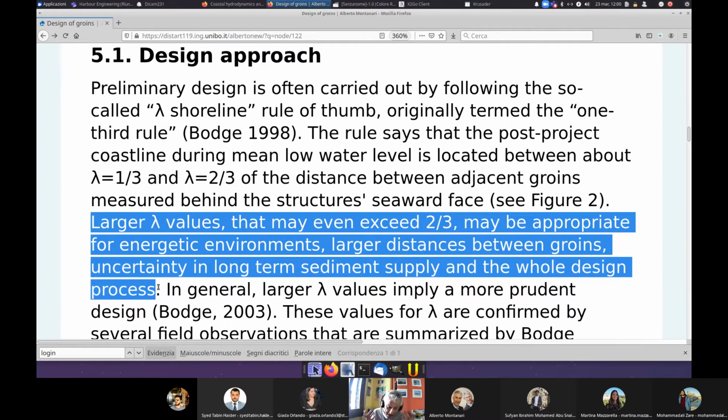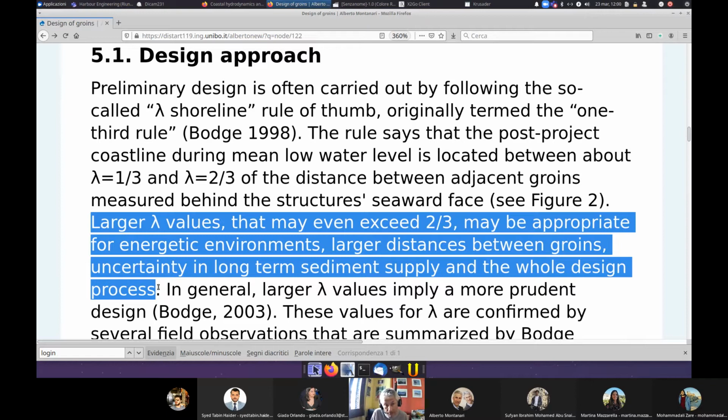In other cases, you really feel that you know little of the context and the situation, and therefore, of course, you have to increase your safety factor. Increasing your safety factor means that you have to increase lambda.